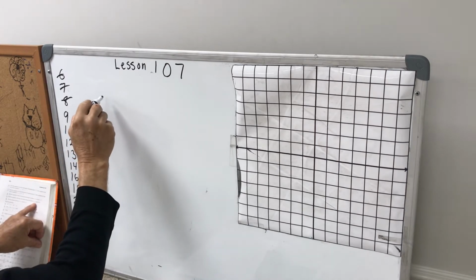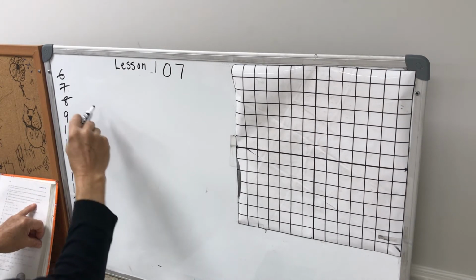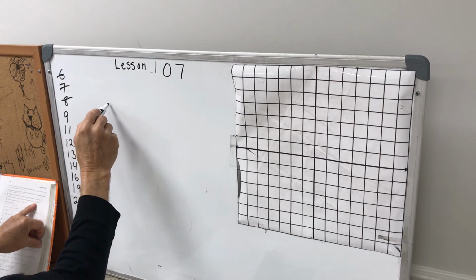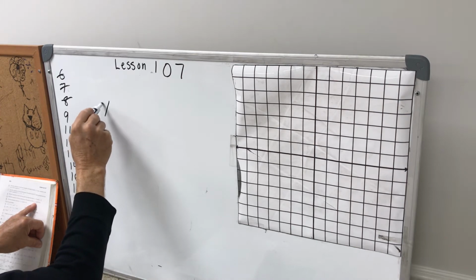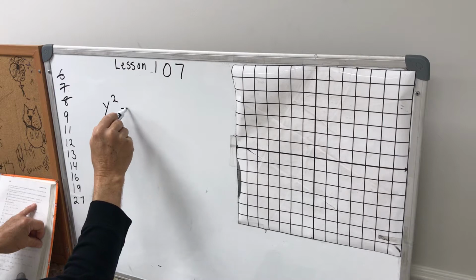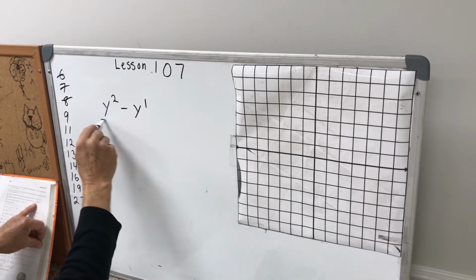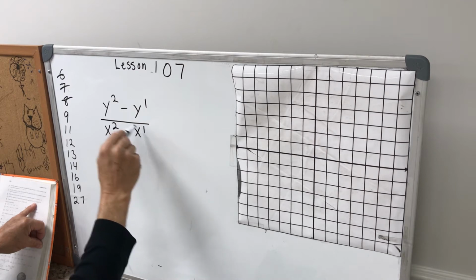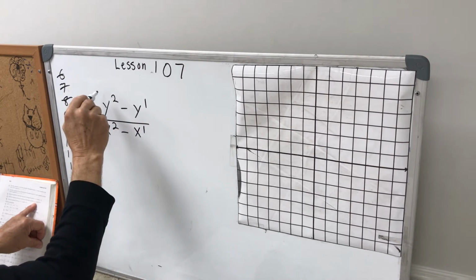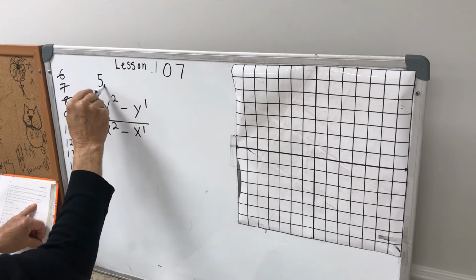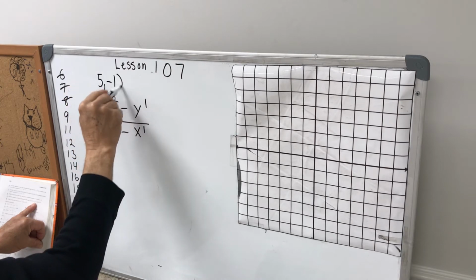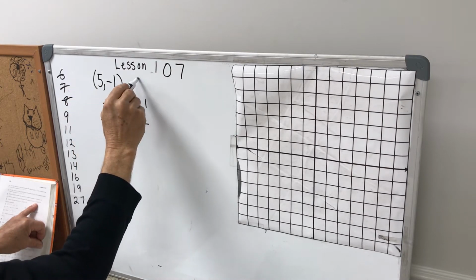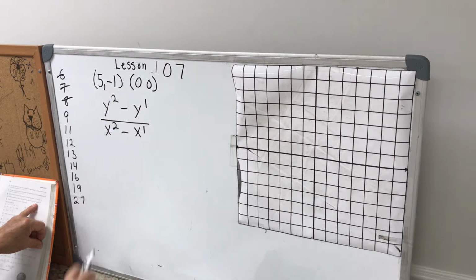Number 9. Again, I'm going to write out this formula. Remember the formula, and do it before I do it here. It's going to be y what? y2 minus y1 over x2 minus x1. Give us our two ordered pairs, 5 and a negative 1, and 0 and 0.